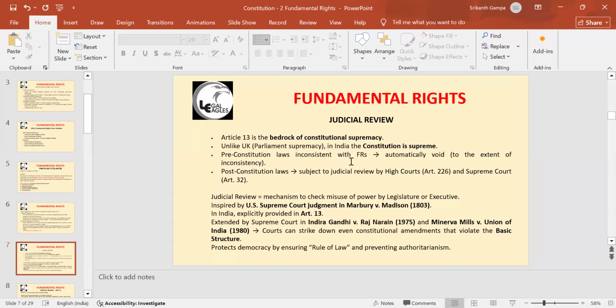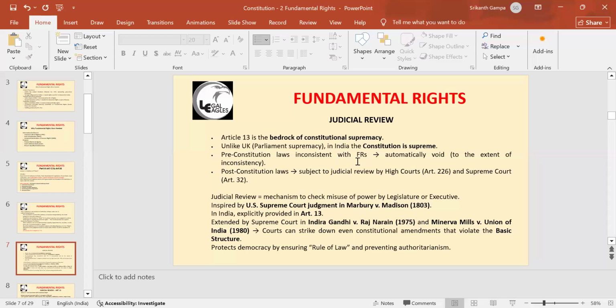Pre-constitution laws are also there. For example, the Contract Act. When was the Contract Act enacted? In 1872. And the CPC in 1908. So any law, or any specific article in that law, which is inconsistent with the Constitution, which came into existence in 1950, will not be valid after the Constitution came into existence.